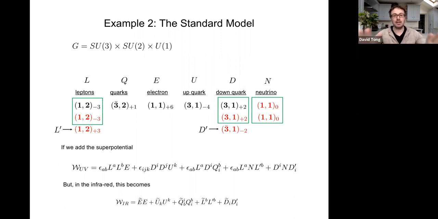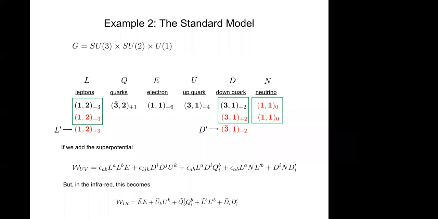Given this theory, I've got a parameter space where I can dial various parameters, masses, vevs, coupling constants, whatever. There's somewhere in that parameter space where everything in red has a large mass, and I've got just the massless standard model fermions. But as I dial that, there's somewhere else where everything becomes gapped, preserving G. That's the way to think about it. Does that make sense? Okay.